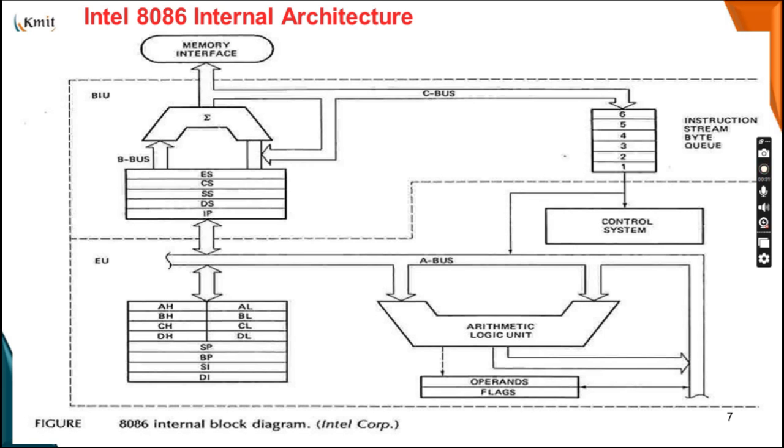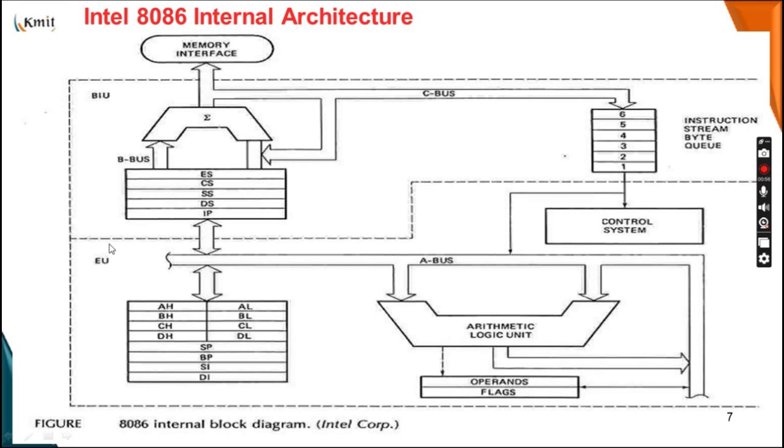As we have seen, the internal architecture of 8086 comprises two blocks. The first block is the BIU, the second block is the EU. BIU stands for Bus Interface Unit, and EU stands for Execution Unit.